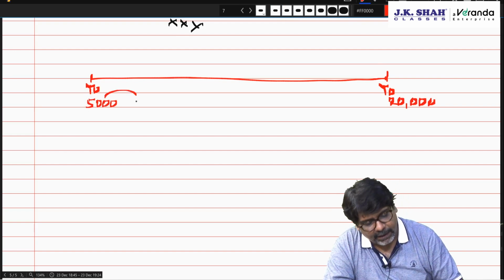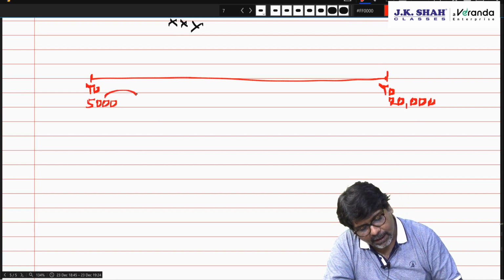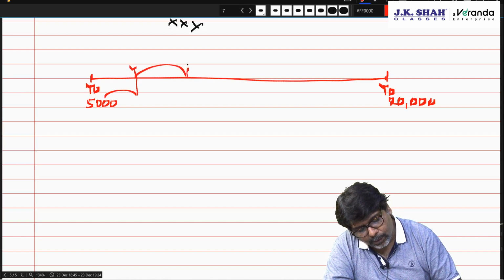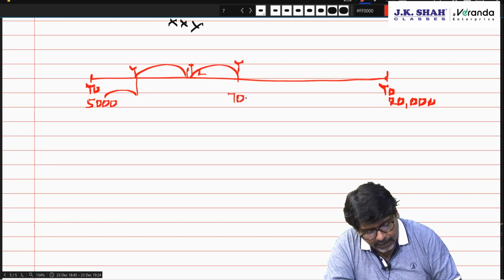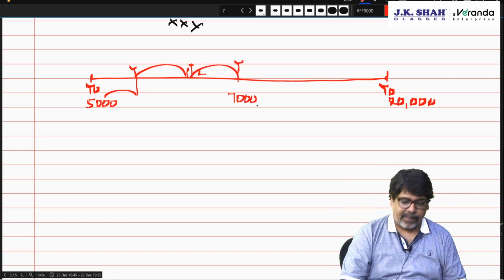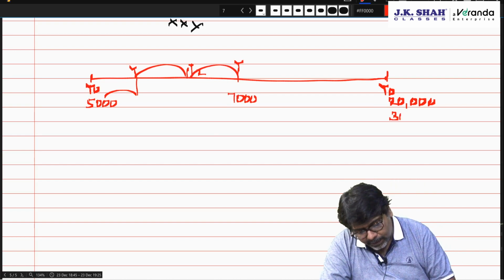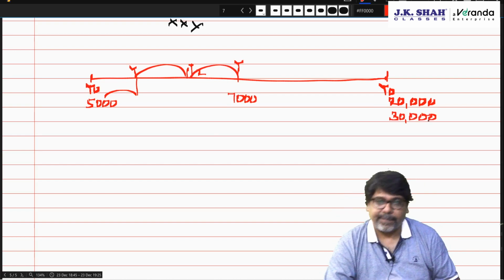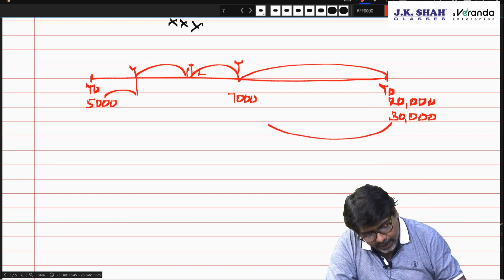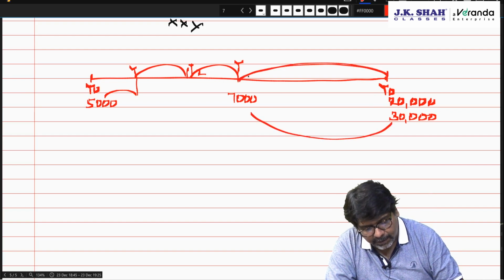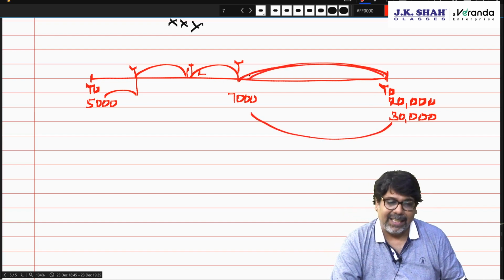Every year it was increasing. Year 1, year 2, year 3, it kept on increasing. And today suppose the balance is 7,000. Now we assume it will be 30,000. So 30,000 ka present value for the remaining 7 years, only 7 years. Correct?